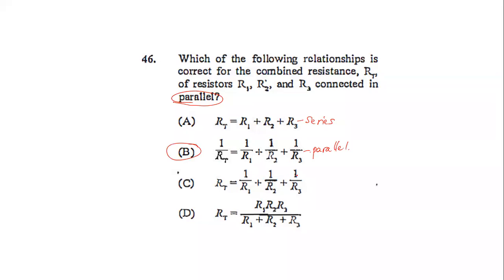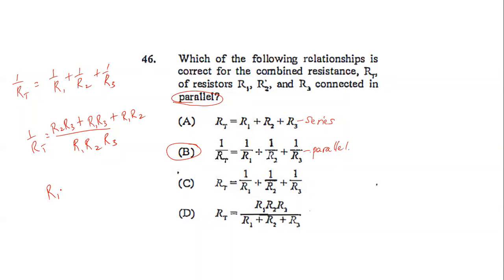Another possible option, because this is what this option was trying to show, is that we could have used 1 over R total is equal to 1 over R1 plus 1 over R2 plus 1 over R3. We could have calculated the LCM, which would have been R1 R2 R3, and worked out the fraction. This would have been R2 R3 plus R1 R3 plus R1 R2, and when you invert it, 1 over R total is equal to this here.